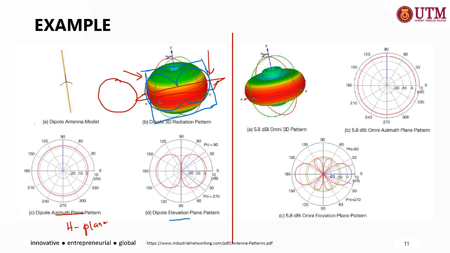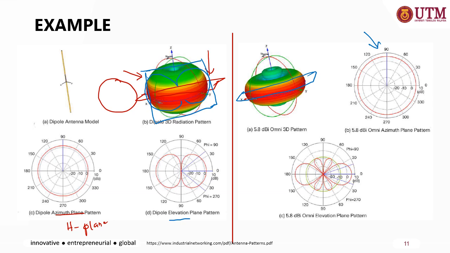So for this shape of antenna radiation pattern, again, when we cut it horizontally, we may see another round shape, or omnidirectional pattern. Omnidirectional means the radiation across all directions.